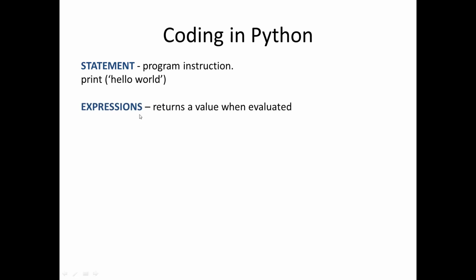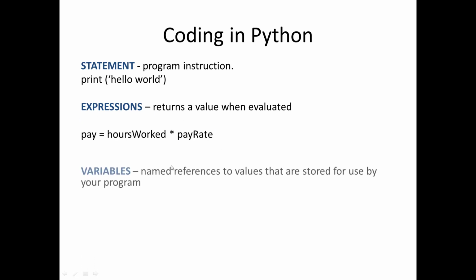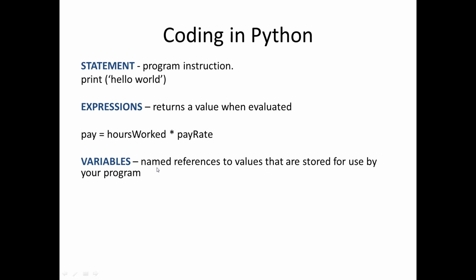Expressions return values when they're evaluated when you're coding in Python. So here's an expression: pay equals hours worked times pay rate. This should look familiar to those of you that have worked on an hourly basis. Variables are named references to values that are stored for use by your program.